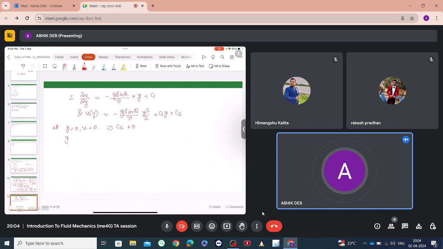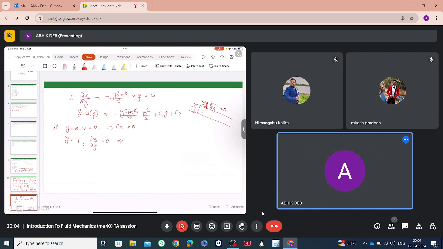At y is equal to the thickness t, as the boundary layer has developed for this flow, the u is not changing with y anymore. That is, del u by del y becomes 0 at this thickness t. So at t, del u by del y is equal to 0.